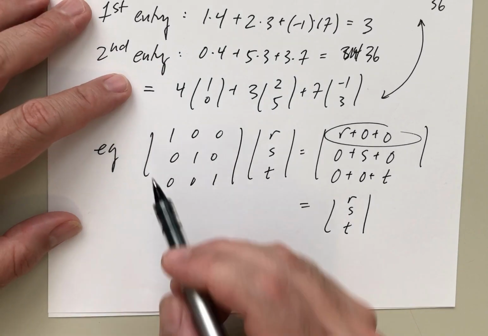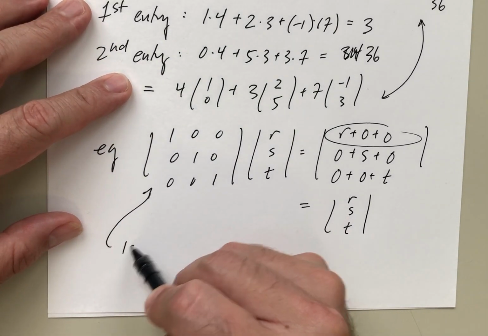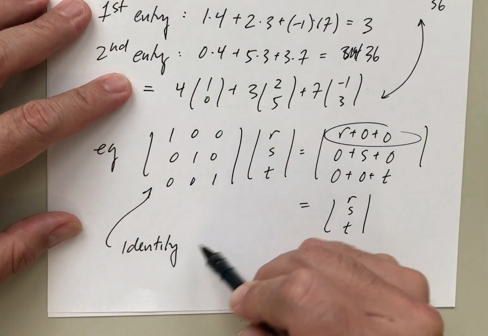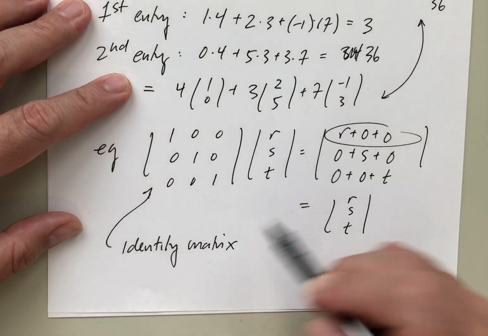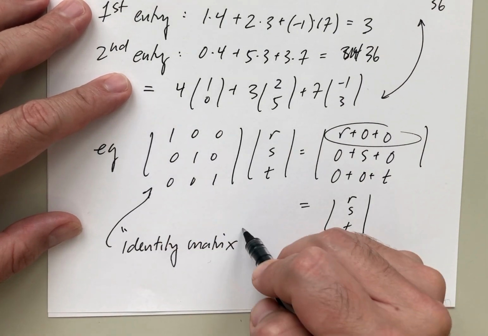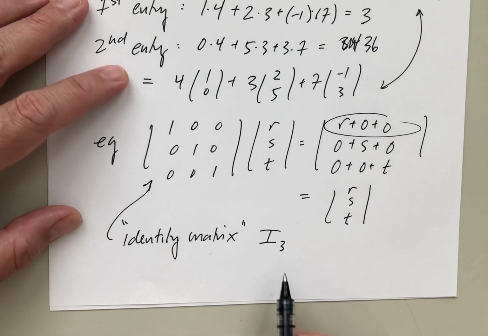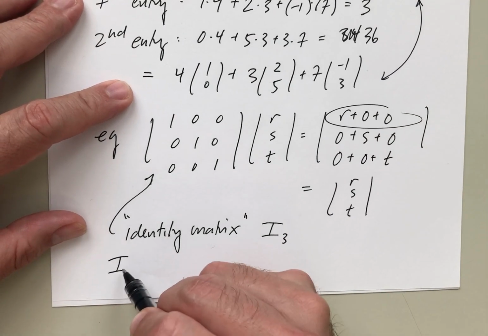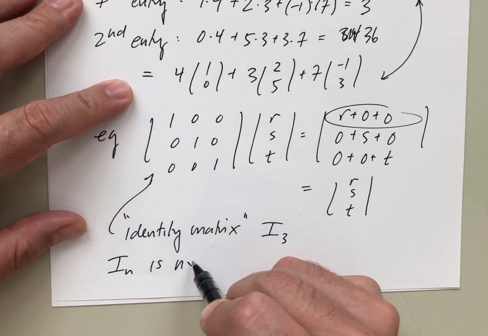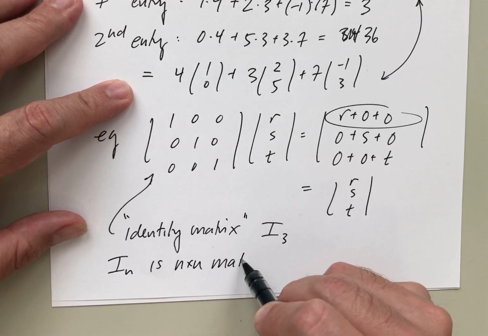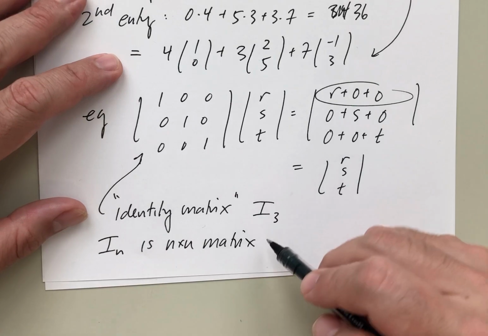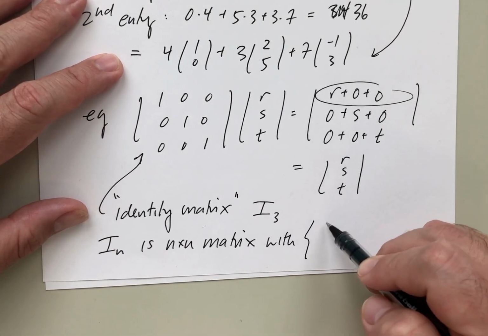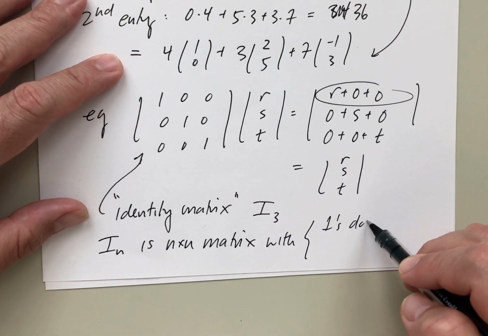And in fact, this matrix has a name. This is called the identity matrix. I would call this I3 here because it refers to the fact that it has 3 entries. In general, In is an n by n matrix with 1s on the diagonal.